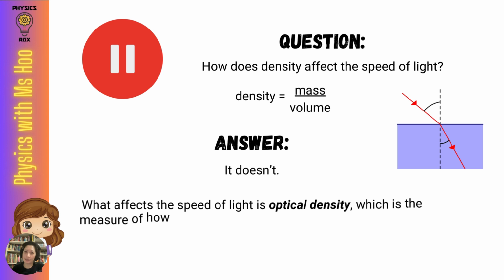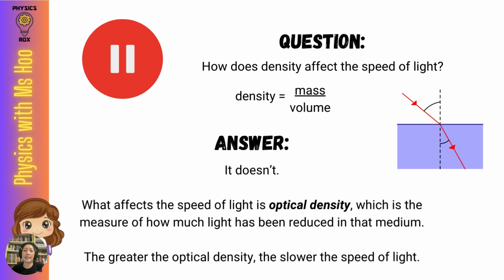The answer, it doesn't. You see, density is more of a comparison of how much mass, how much matter there is in every unit of that volume. But when we talk about speed of light, it's about how fast that light ray can travel through that particular medium. And of course, light can only travel through transparent or translucent mediums.